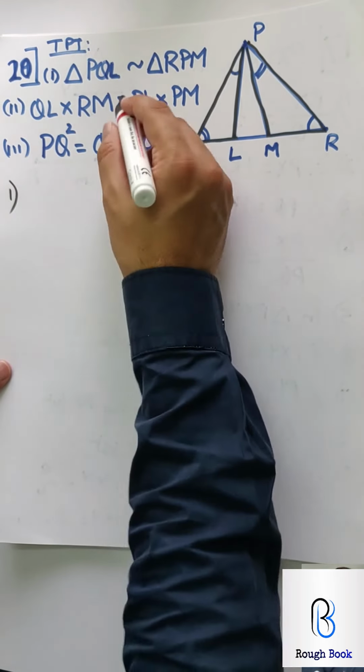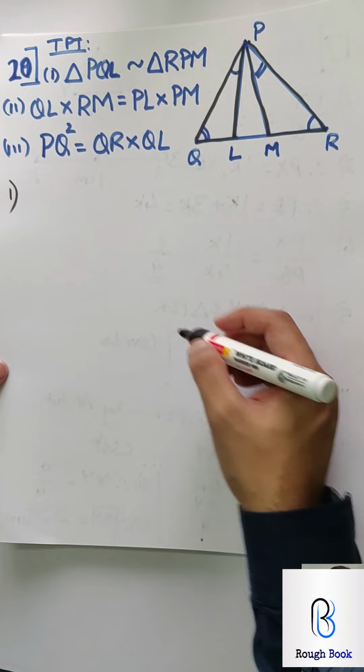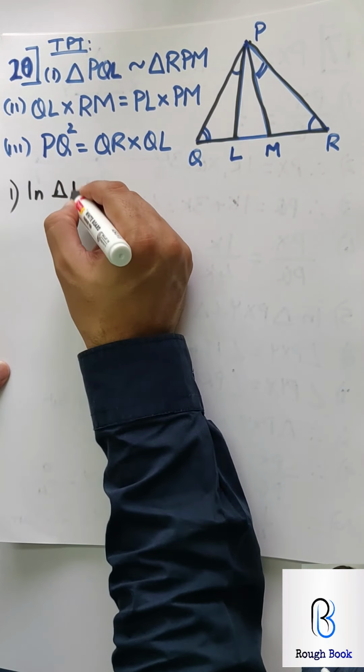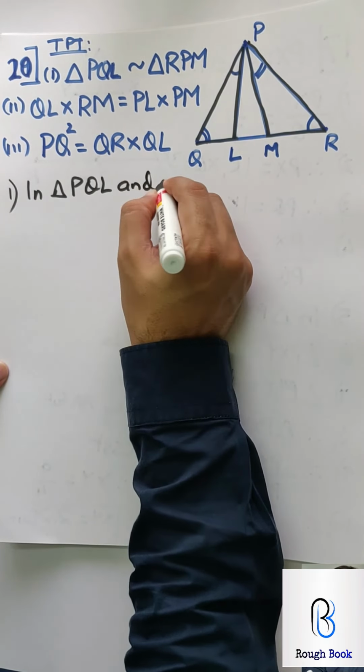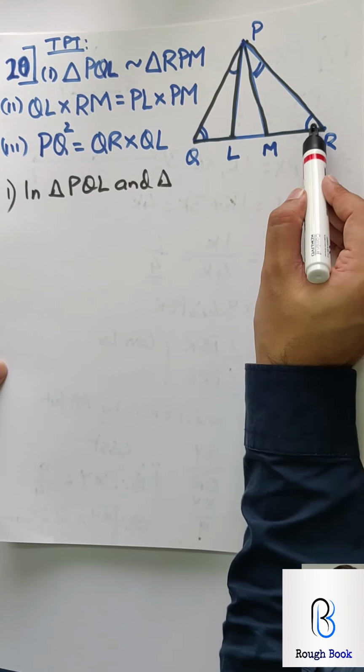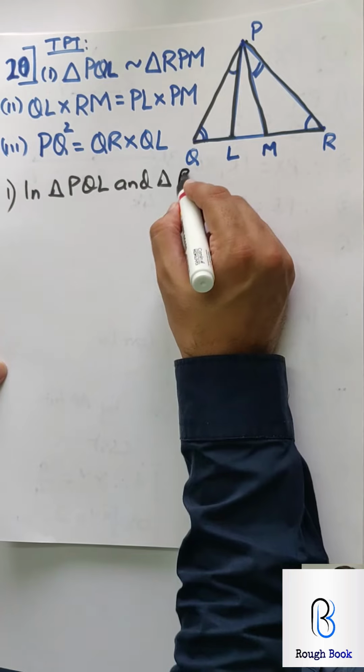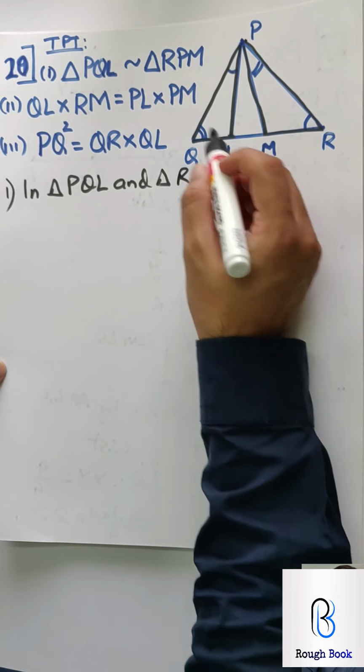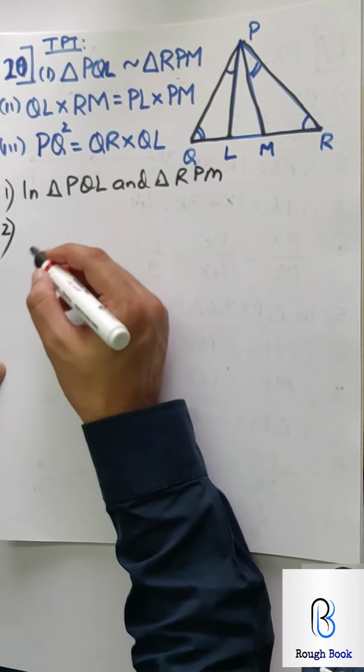So first 2 parts easily you will get it. The 3rd part I will help you. So in triangle PQL and triangle RPM, they are given the same thing, so nothing to worry.